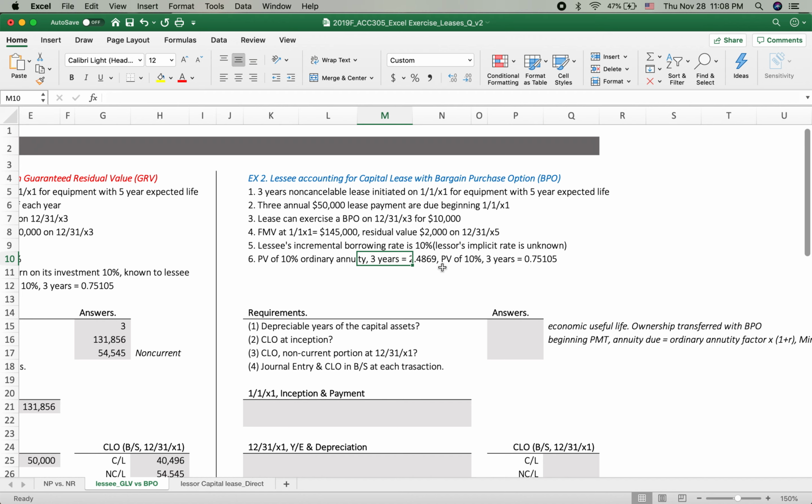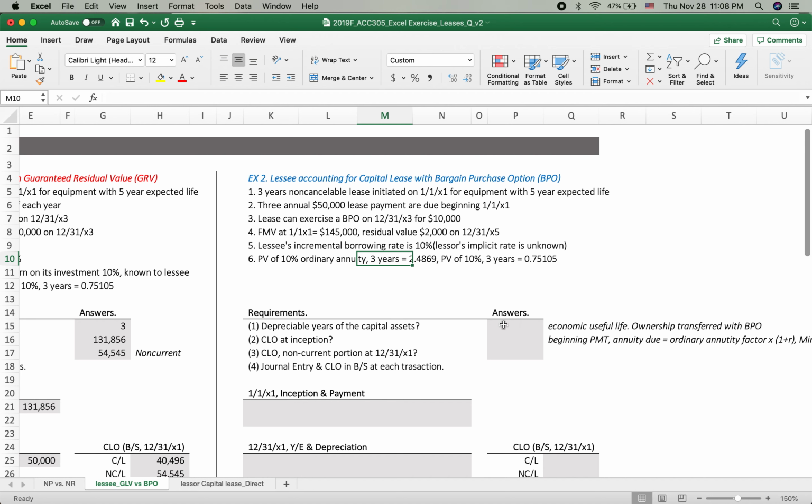By doing so, we can take back all the future cash flows by 1 year. Okay. And then 10% for 3 years, this is the one-time present value factor of future cash flows, and the factor is 0.75, right? We'll use this factor to discount the bargain purchase option $10,000 future cash flow.